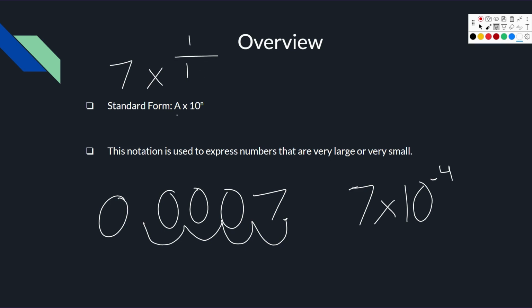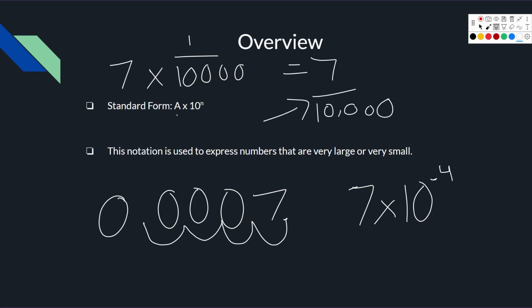And that number, 10 to the 4th, is just a 10 with 4 zeros at the end, which is going to be the same as 7 divided by 10,000. And we can do this division out basically.